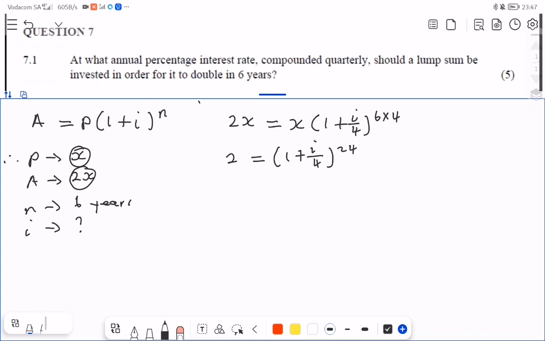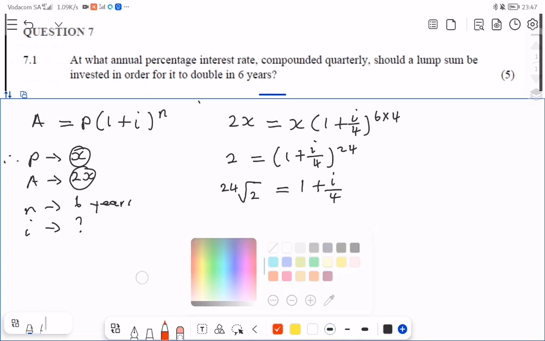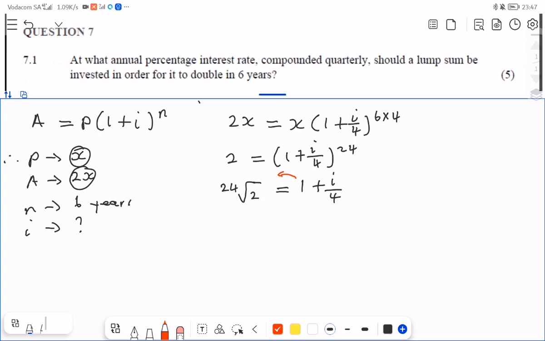Then I'm going to use the radical sign, so I'm left with the 24th root of 2 equal to 1 plus i divided by 4. Of course, I will need to take this 1 to my left hand side, and it changes sign to minus.